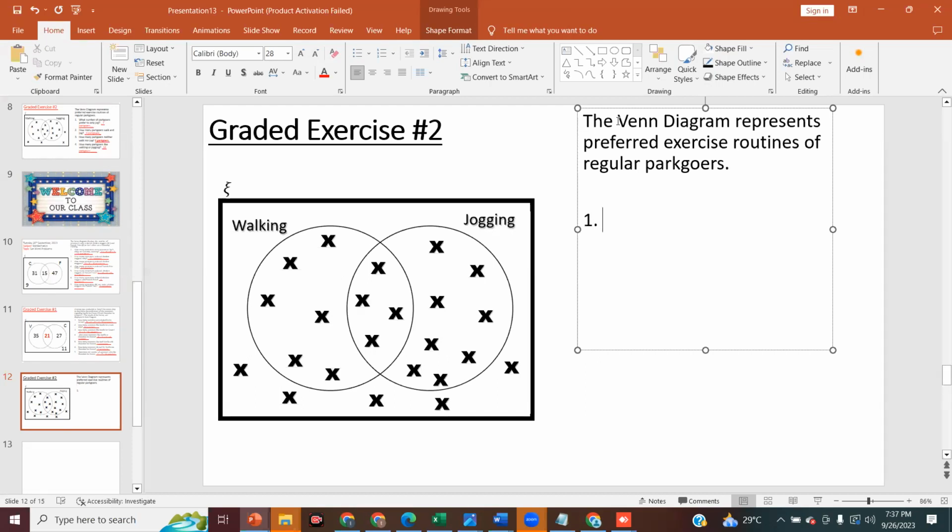Question number one. What number of park goers prefer to only jog?